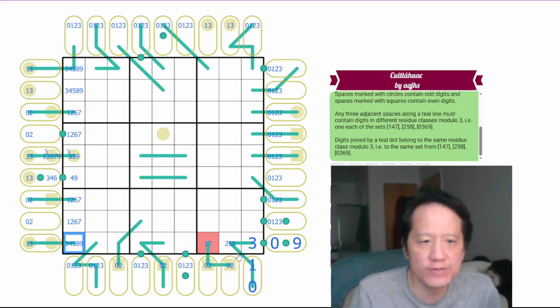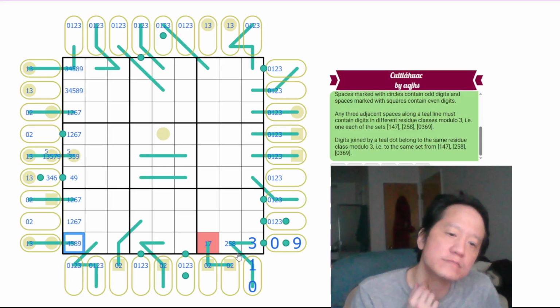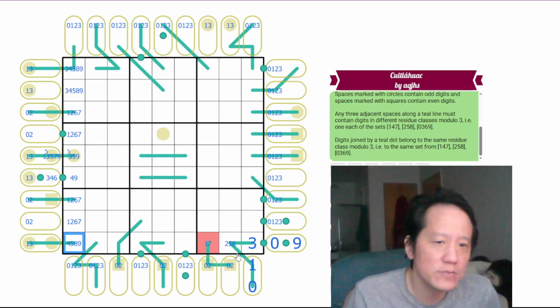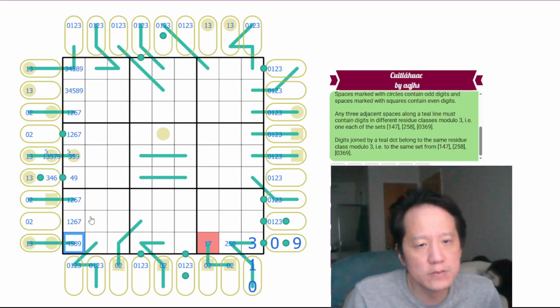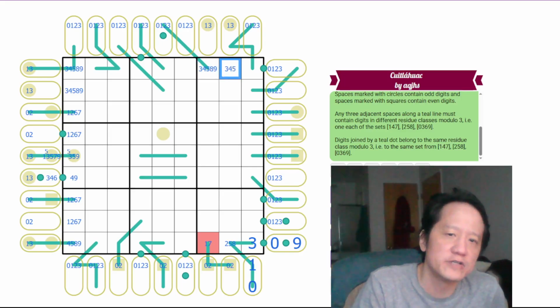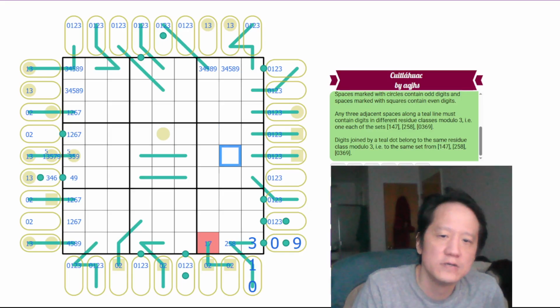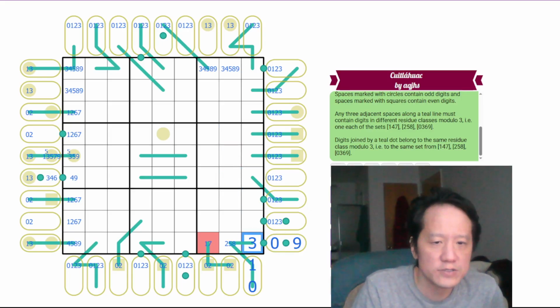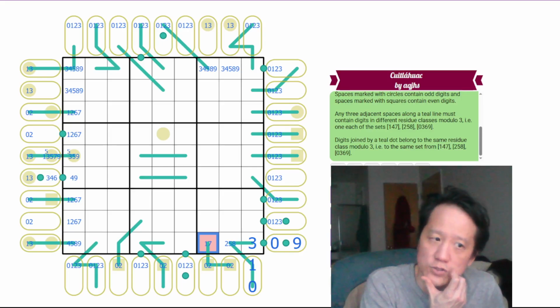This cannot be 3. What does that tell us? Okay. Here is also 3, 4, 5, 8, and 9 as possibilities. This is 0, so that's 3. These are 0 and 2.